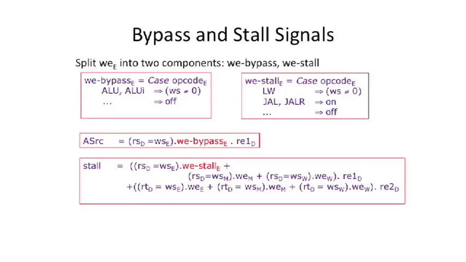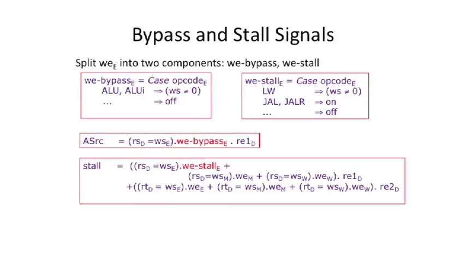So we bypass only when it's an ALU or ALU immediate instruction, and let's say the destination is not 0. And we stall if it's a load or jump and link; jump and link register also falls into that case. And that's when we have to do the stall.